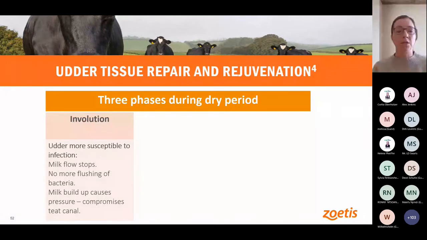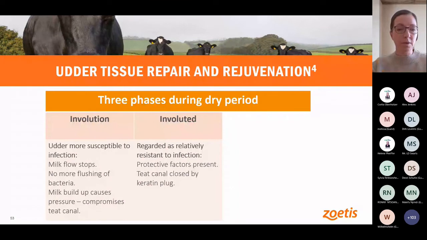But in the end, there's no more flushing of bacteria, and that buildup of milk pressure can compromise the teat canal. All right, so in the middle phase of the dry period, the udder is regarded as involuted, in other words, it's gone through that whole process macroscopically as well as microscopically.